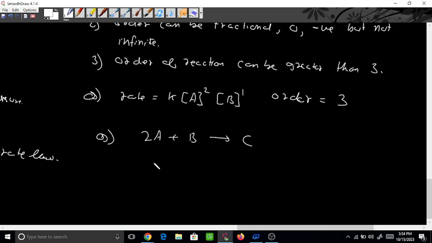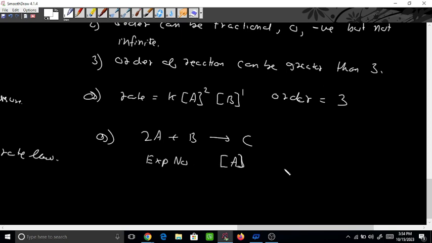Here we are doing some experiments. Would the order be 3 in this case also? No, here the order will not be 3. Order cannot be 3 here. We need to determine it from the experiment.